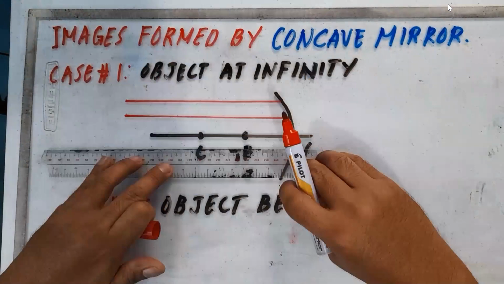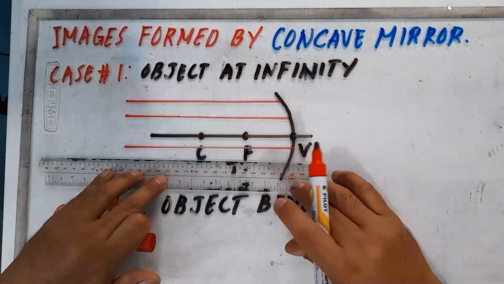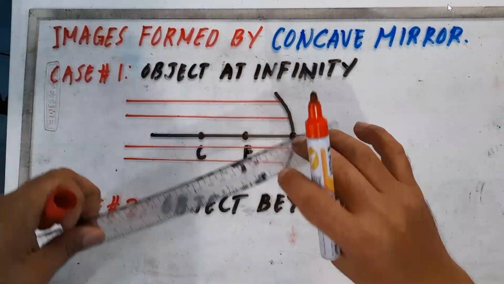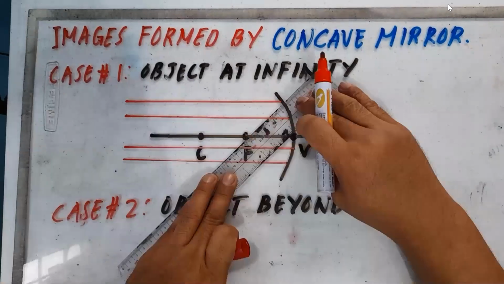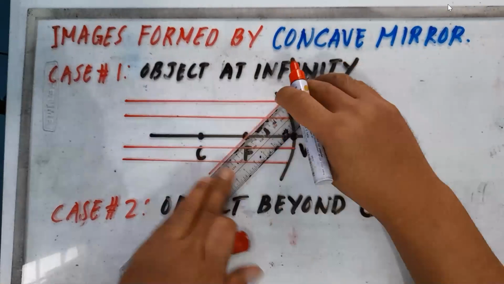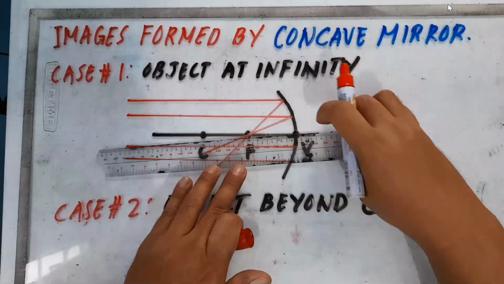Parallel lines means they are parallel to the principal axis. So these parallel light rays, when they hit a concave mirror, will be reflected and they will all be passing through the principal focus. Each light ray here will be passing through the principal focus.